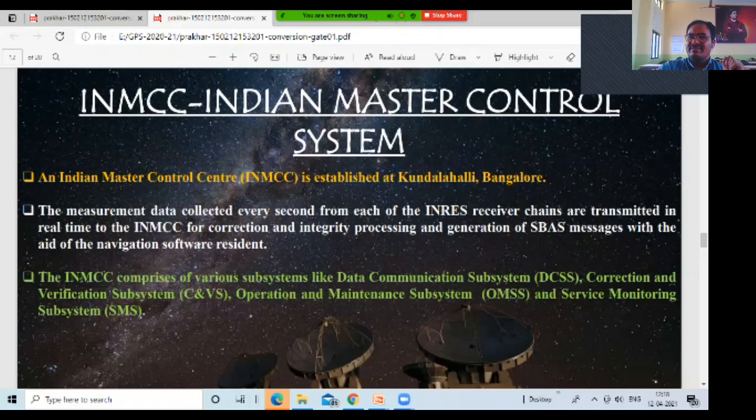So this is a navigation software present in the control station, and that software will be used for the correction purposes and for the integrity purposes.